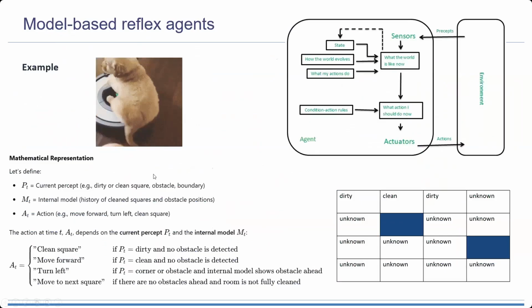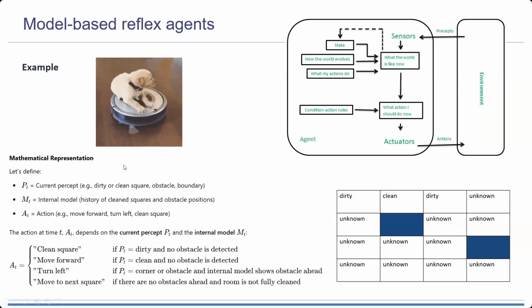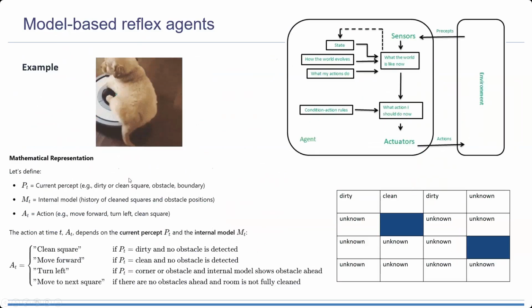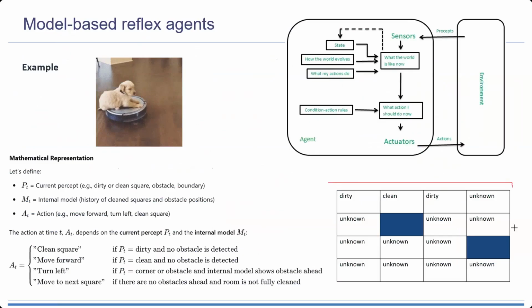Okay, so this kind of robot, we can also make a kind of model. The model is what is the current percept, whether it is a dirty or clean square. For example, if I want to make the algorithm, I can make the map something like this kind of square.